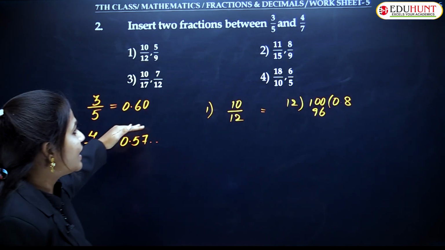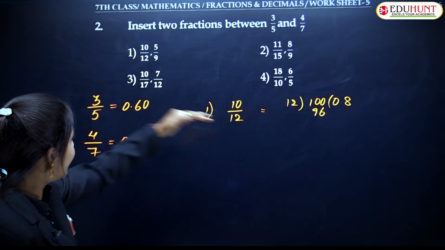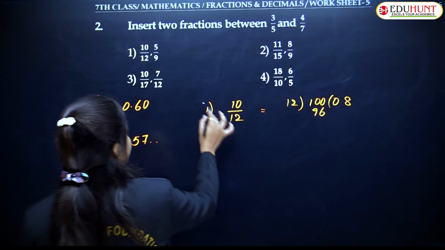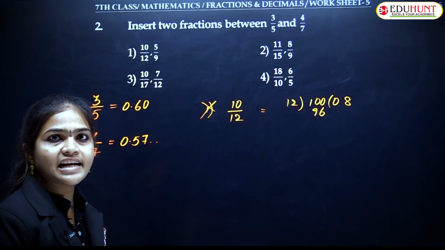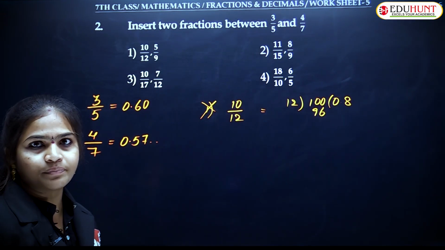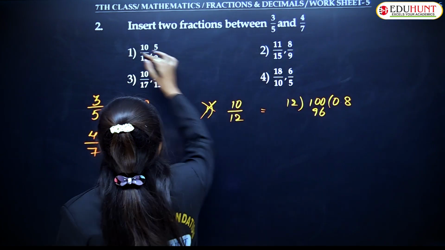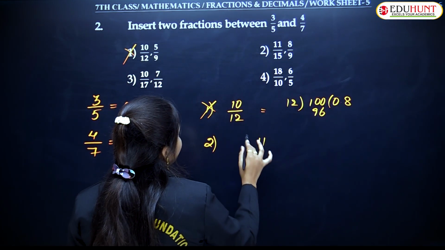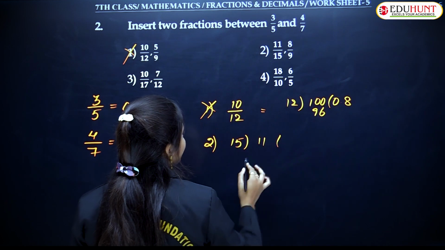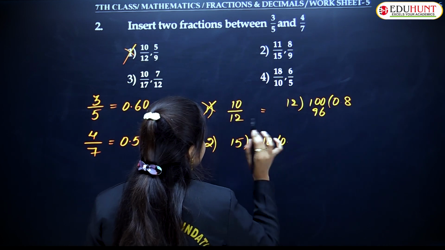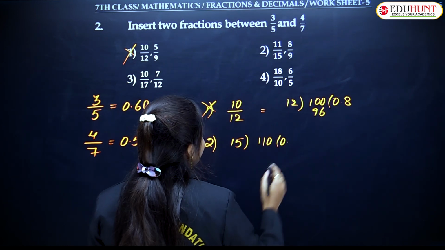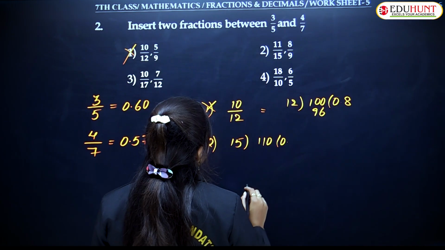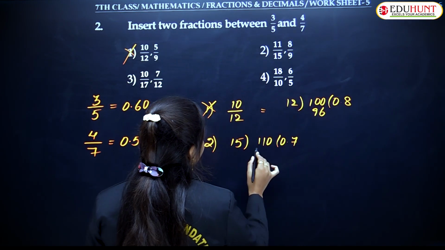Here we have 0.8, so this is not satisfying. If one option is not satisfying, there is no need to check the other. Next, the second one, 11 divided by 15. 0, and here 0. And here 11 sixes, 11 sevens are 105.